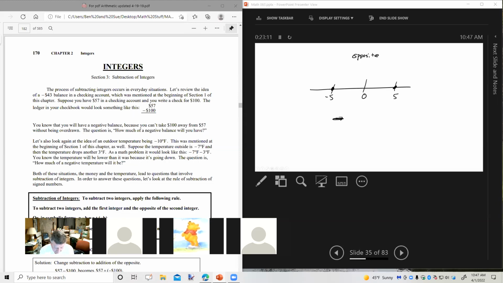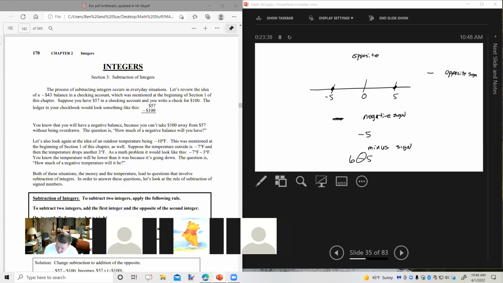It could be a negative sign, for instance -5. It could be a minus sign, such as 6 minus 5. Or it can be an opposite sign.